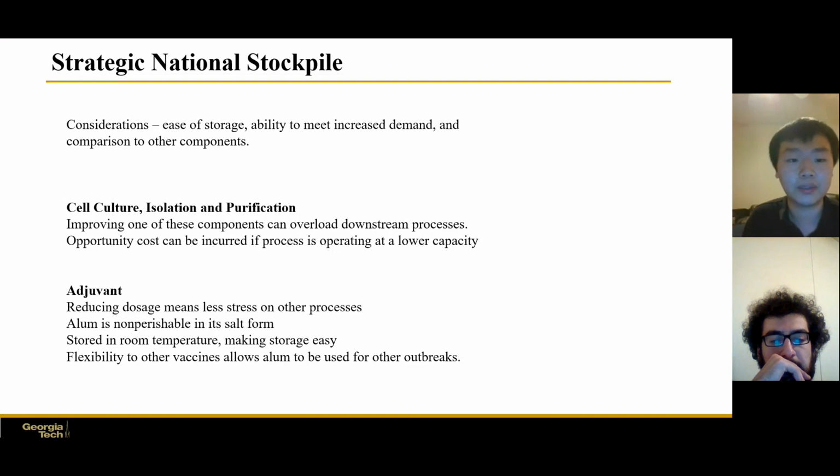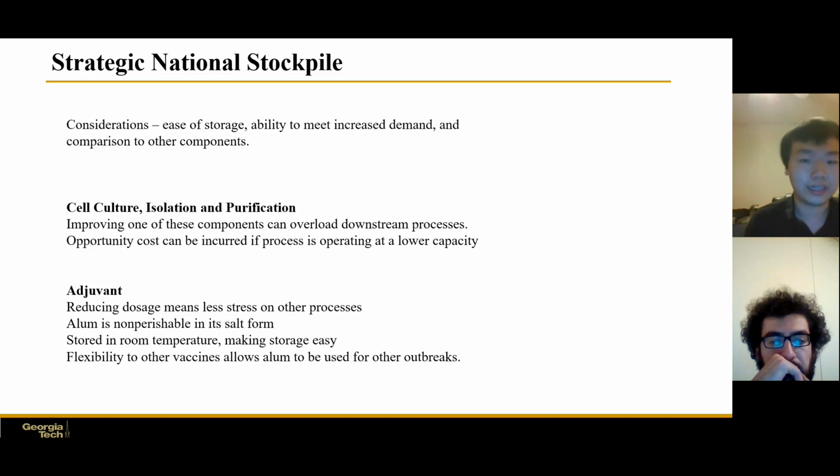So if you improve one of these components, such as making more cells from the cell culture, maybe the isolation can get overloaded, or they can't separate as many cells, and this can lead to overheating and denaturing of the protein. And let's say if we did have proper isolation, there might be too much protein for the chromatography to separate, and that could clog the chromatography column.